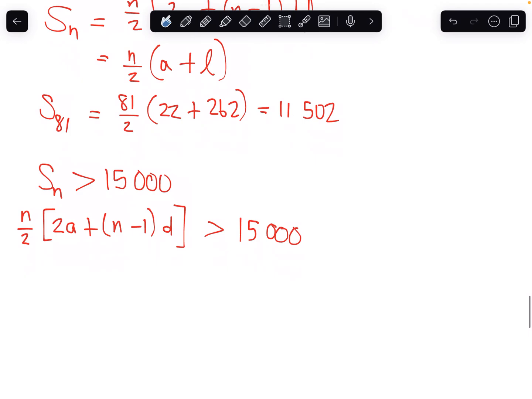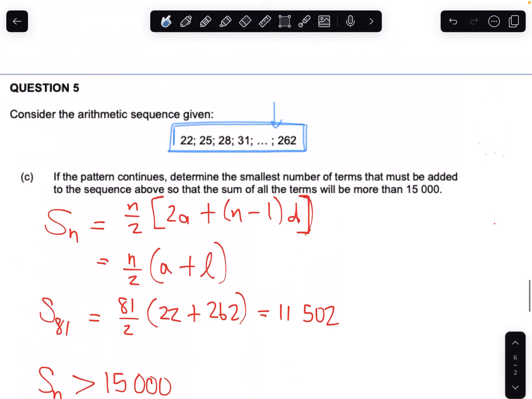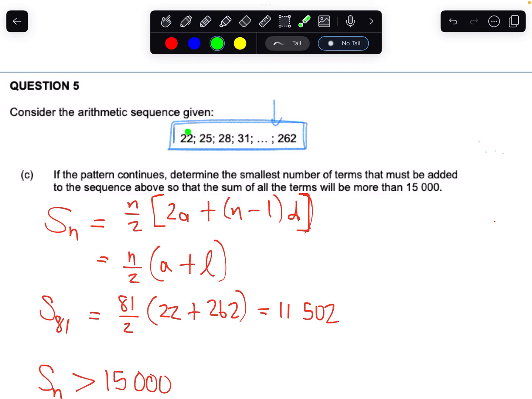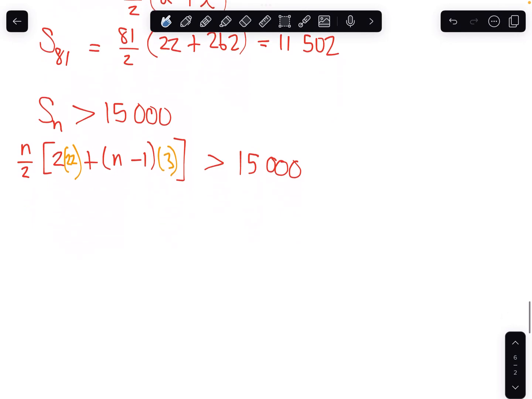We know that our a is 22, that's our first term, and we don't know n, but we know that our d is 3. Let me verify that: yes, 22 is our first term, and the common difference, we keep going up by 3. Cool. Now let's try to solve this inequality.